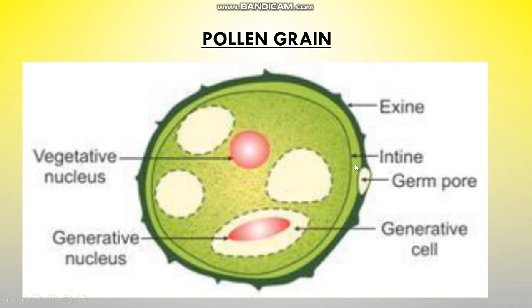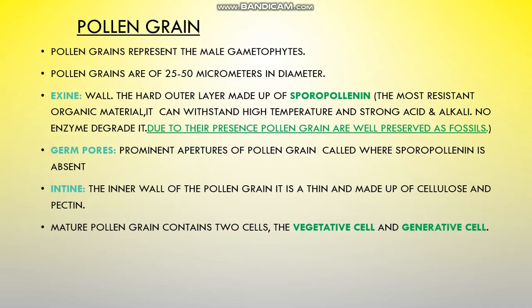Now, when a pollen grain germinates, its inner wall layer, that is intine, comes out through the germ pore and forms the pollen tube. So since sporopollenin is not there, it is the thin region of the exine through which the germination of pollen grain takes place.